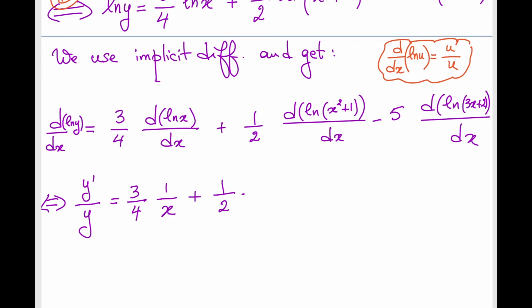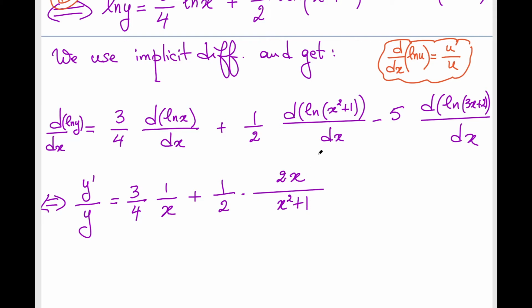So 1/2 the derivative of ln of x squared plus 1, that's the u, so we get u prime over u. Remember what the u is? U is x squared plus 1 in my context. So u prime over u becomes 2x over x squared plus 1, because the derivative of x squared plus 1 is 2x.